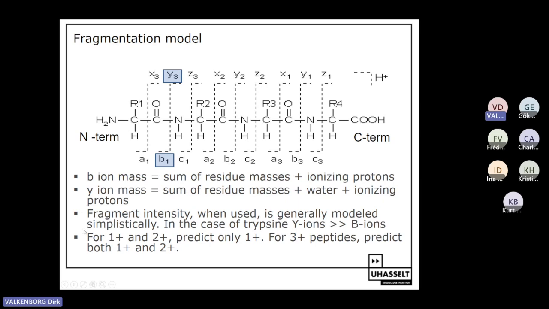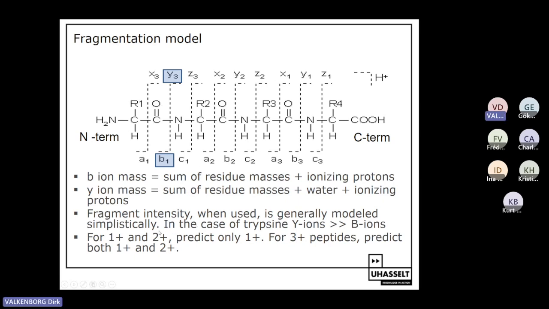Nowadays, new AI tools are available that are able to accurately predict the fragment intensities of these peptides. But in the past, using the simple classical search engines like Mascot and Sequest, we typically considered an intensity of 1, or just considered that the trypsin-based Y ions are a bit larger, about double as large as the B ions.